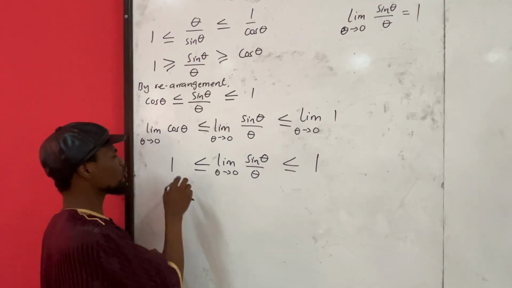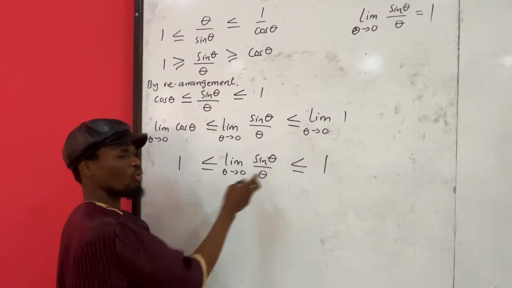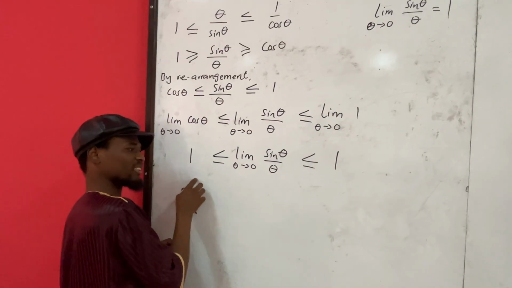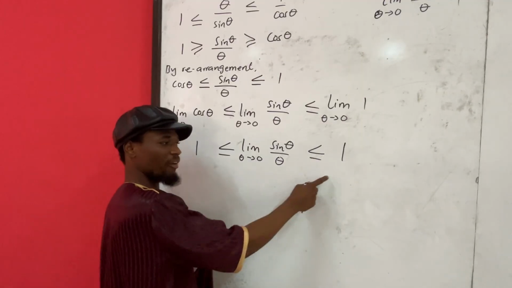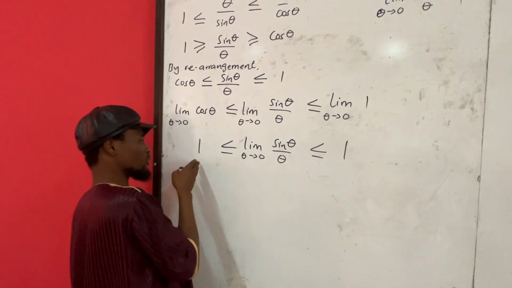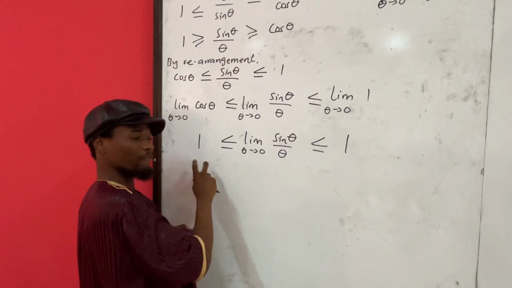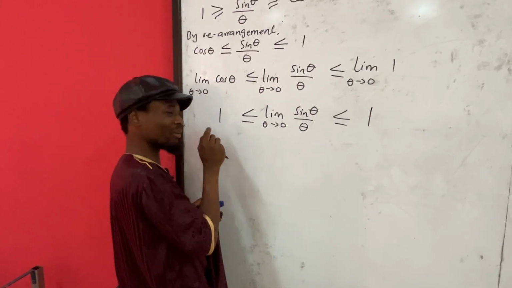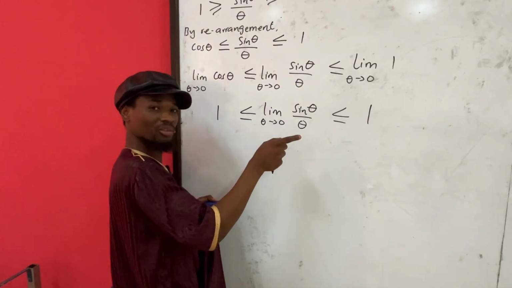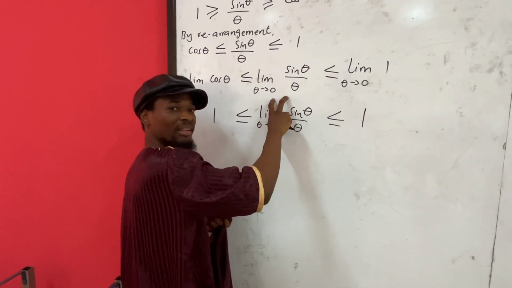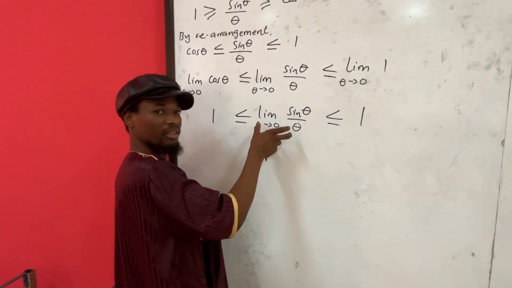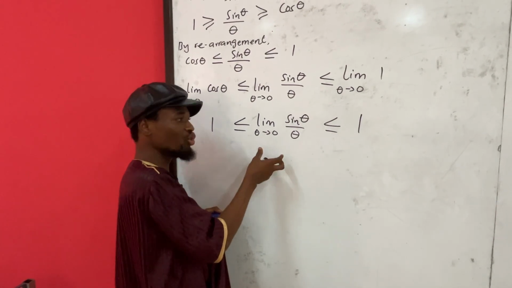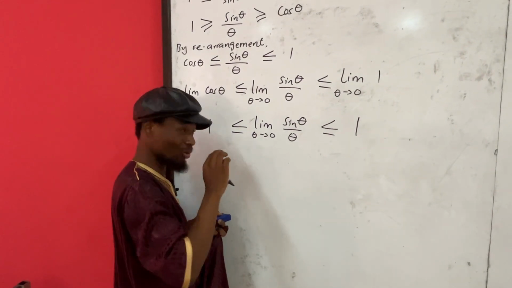So now we have the two outer functions being equal this way. We have a middle function. So let's say you have f of x, and you have g of x, and h of x. Once the ones at the far ends are the same, then the limit, or the value L, is equal to the limit of the middle function. Viewers, I'll shoot a video on this to throw more light on what I've just said.